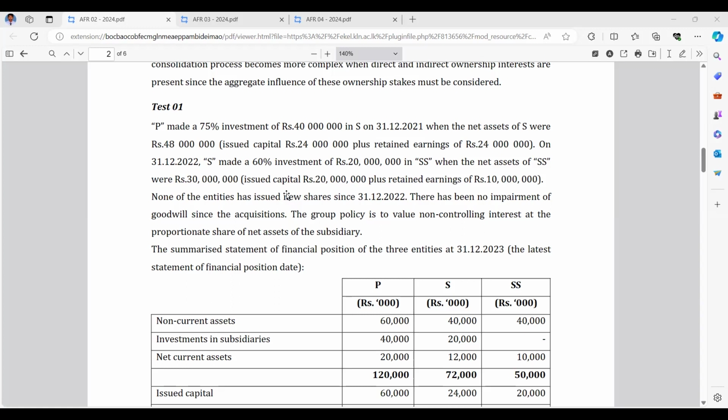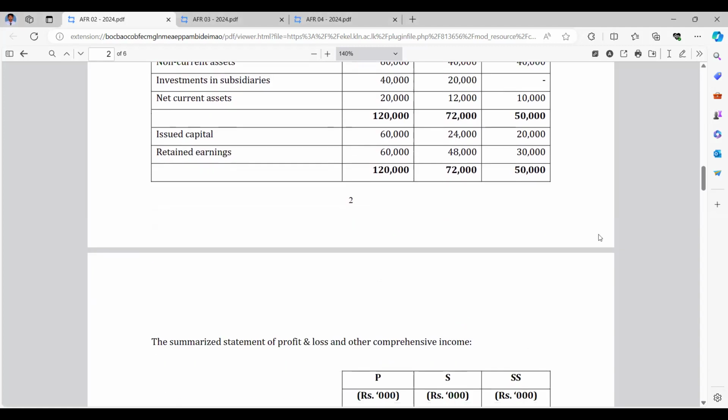So with that note, we can start. Let's put in the opening balances. Let's go to the SOFP, the consolidated statement of financial position. You can see the consolidated retained earnings brought forward, BBF, is 60,000.